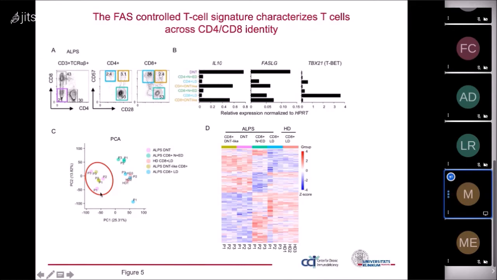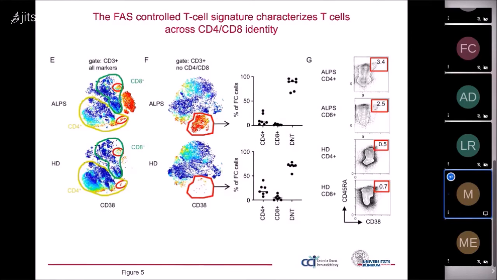We confirmed this also using CyTOF and flow cytometry. So what you can see here is a t-SNE plot made without CD4 and CD8, only with the CD3 positive cells. And you can check among the cells expressing high levels of CD38 if among these cells there are only DNT or also CD4 and CD8 single positive T cells, which was actually the case not only in the patients but also in the healthy donors.